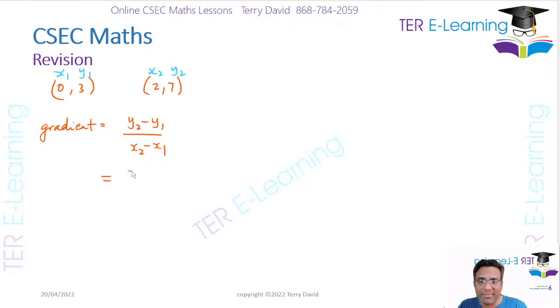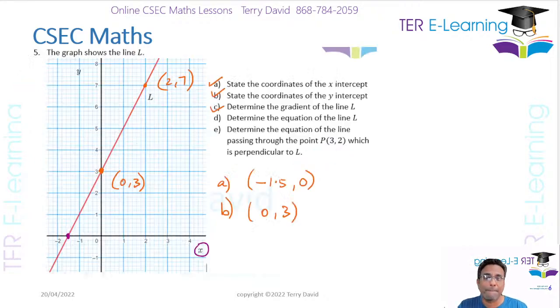So y2 is 7. So this is 7 minus 3 all over 2 minus 0. 7 minus 3 is 4. And 2 minus 0 is 2. So 4 divided by 2 is going to give me 2. So therefore, this here is the gradient of my line, right? They said determine the gradient of the line L. That's what we do. We select 2 points on the line and then we work out the gradient.